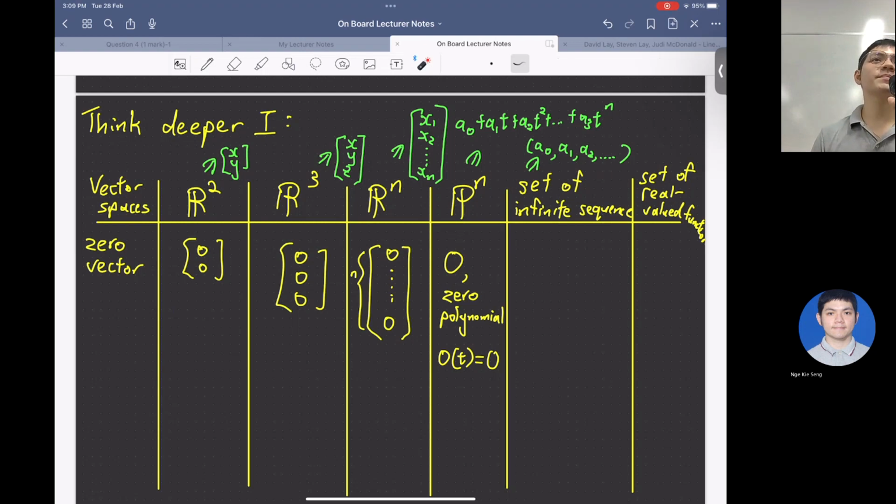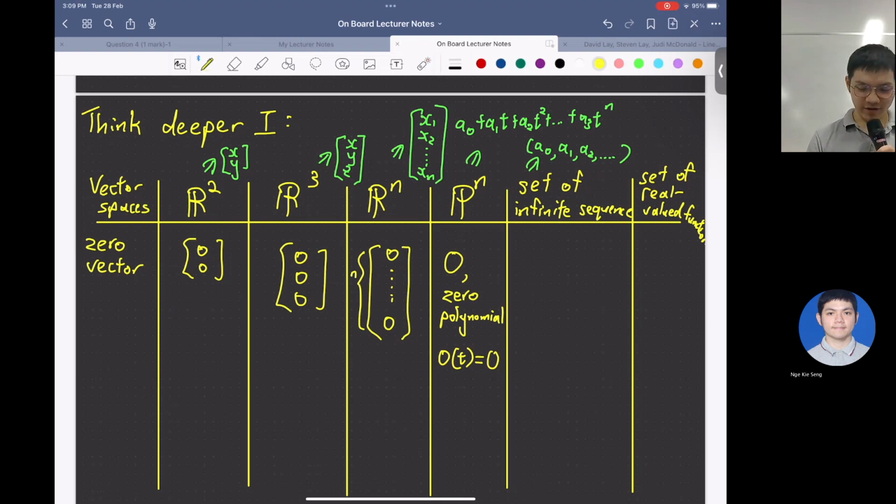Any ideas? How do you add two infinite sequences? Yeah, just add one by one. So for the 0 vector, you need to make sure every part has a 0.